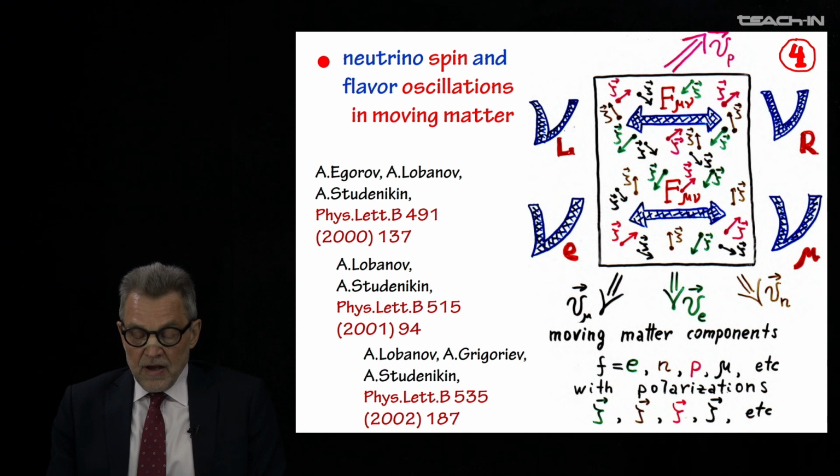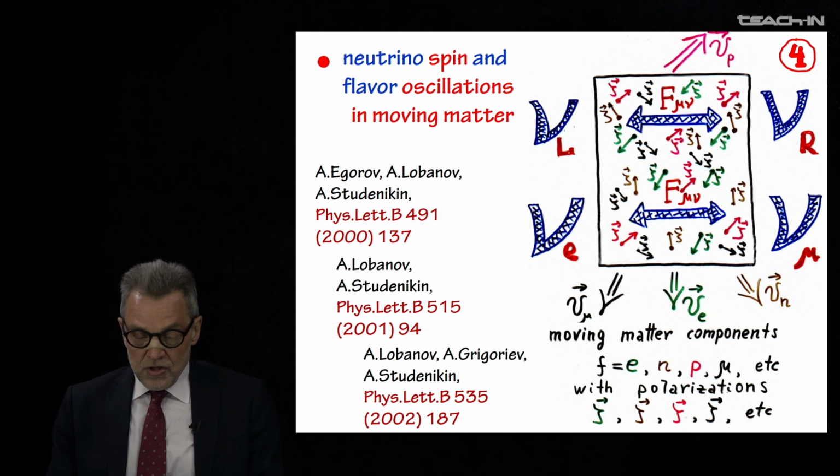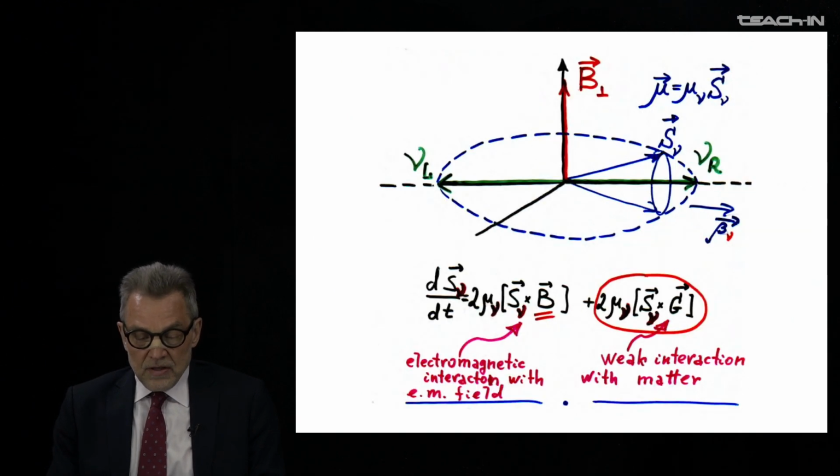This is Vn, the velocity of neutrons, etc. We also consider the possibility that each of the matter components is characterized by polarization. So in general we consider neutrino behavior in the environment of electromagnetic fields and different matter composition, moving matter with different possible non-trivial, non-zero polarization of each of the matter components.